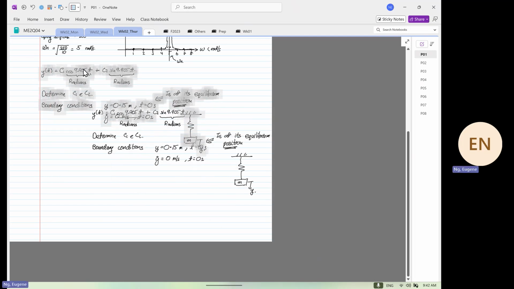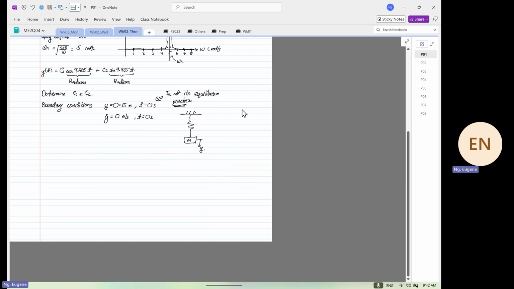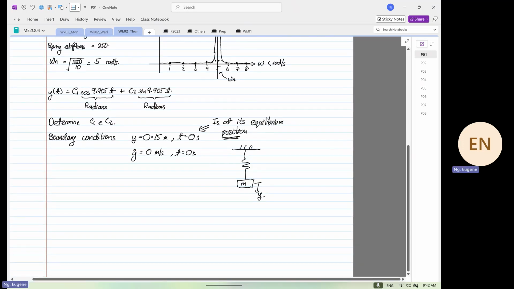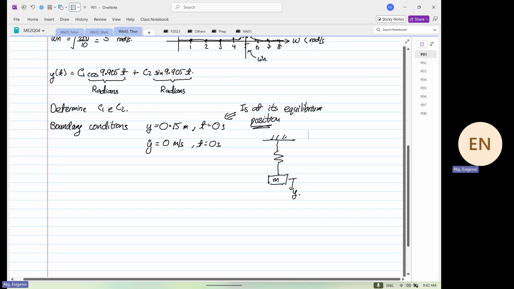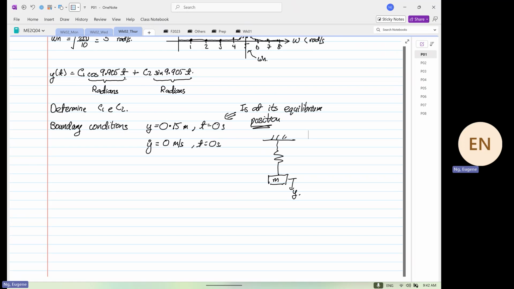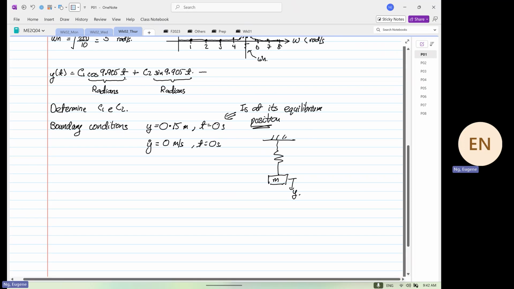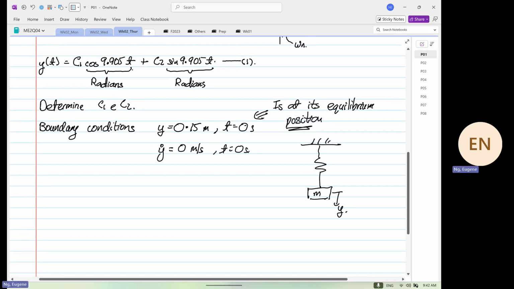So yesterday we wrote through here, then we were going to find the values of C1 and C2. So I'm going to call the equation that we had yesterday equation 1. We're going to substitute y equal to 0.15 meters when time is equal to 0 seconds into equation 1.